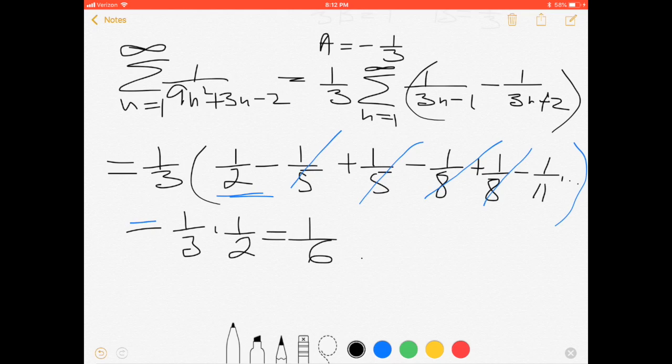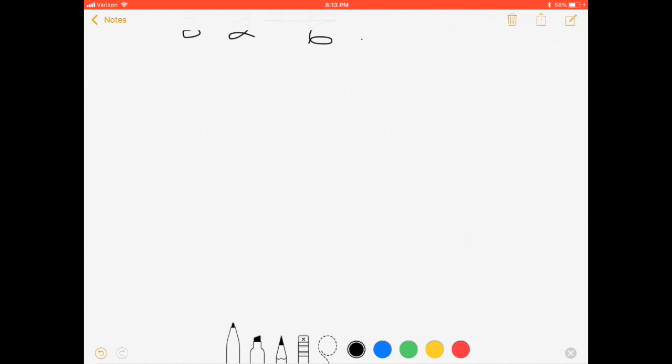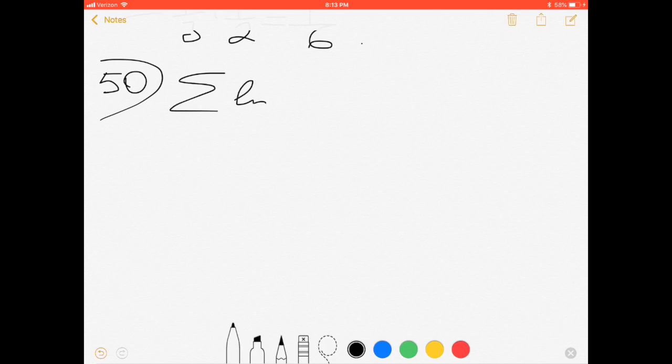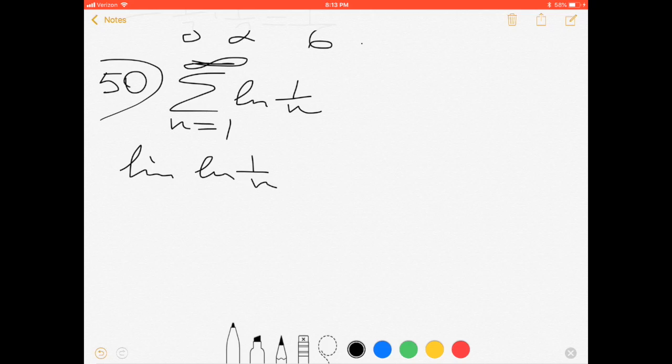Okay, doing something a little bit different. For example, number 50. We have the series of ln 1/n, from 1 to infinity. If you don't have anything, try the n-th term test. This means the limit of natural log 1/n as n approaches infinity.